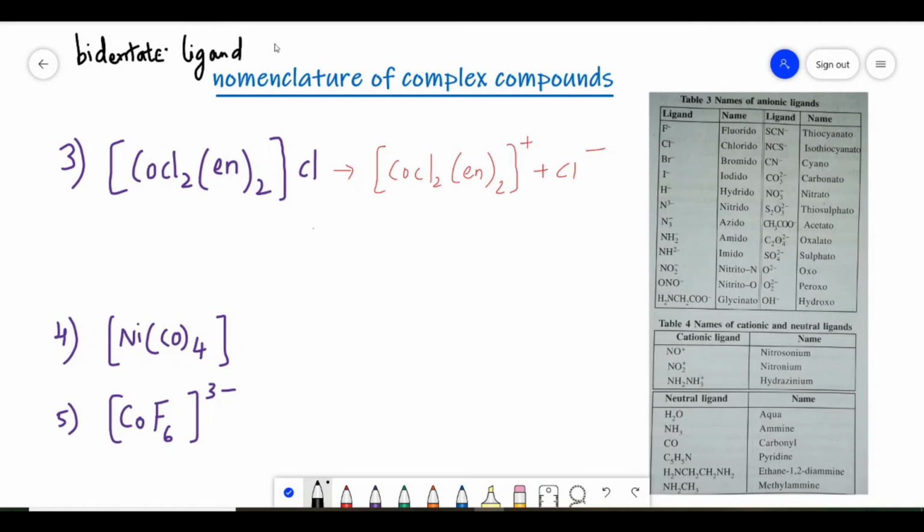So if the bidentate ligands are 2, then you write bis, and if they are 3, it is tris. And if they are 4 or 5, they are tetrakis and pentakis. But mostly we will have only up to tris. Either you may have 2 bidentate ligands or 3 bidentate ligands.